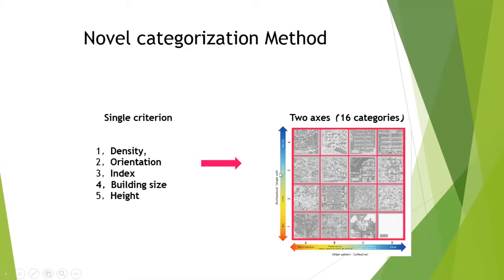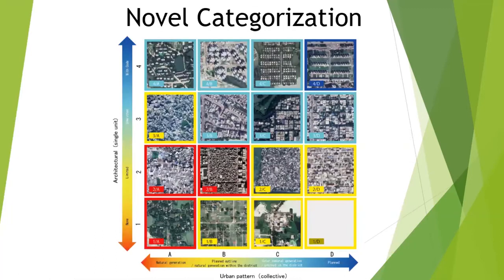If you go to the top, the buildings are created in a more structured way. From left to right, on the left the roads are naturally generated, then it goes to the planned way. So with the two axes, we can make our categorization much better for the developing area.